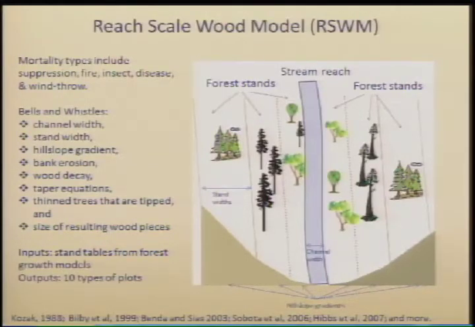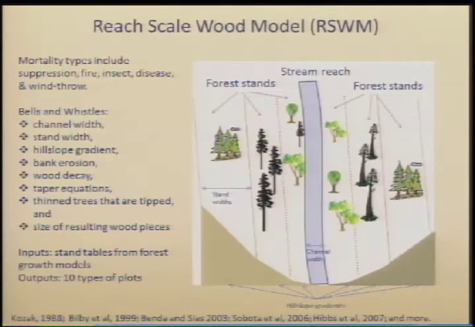So the bells and whistles, I've covered the first few there. We can account for bank erosion, for wood decay and accumulation. We've got different taper equations to account for the shape of your different trees. It's not just a cone shape. And we can also account for this thing called tipping.